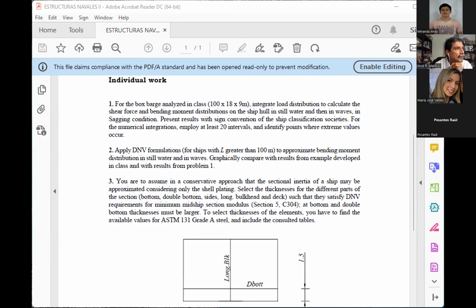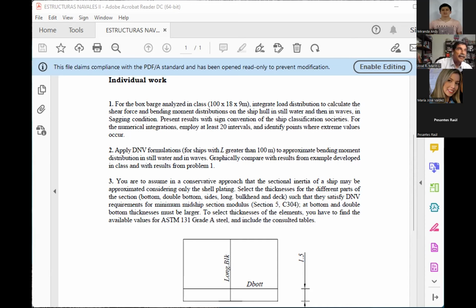Please continue. Present results with sign conventions of the ship classification societies. For the numerical integrations, employ at least 20 intervals and identify points where extreme values occur. So two things. First, you have to use the sign convention of the classification society rules. We have to follow that.